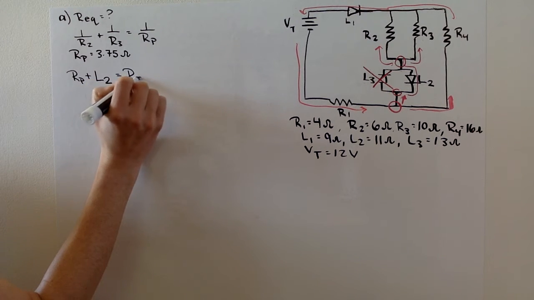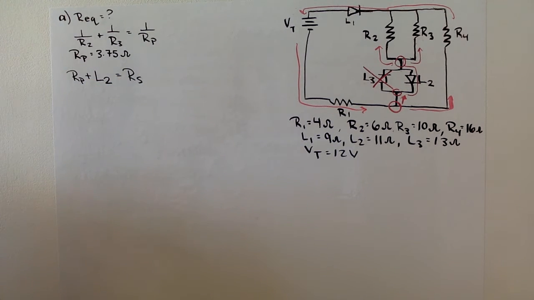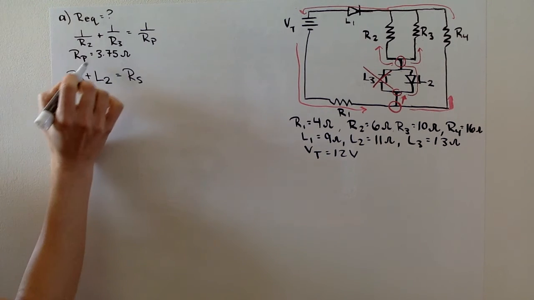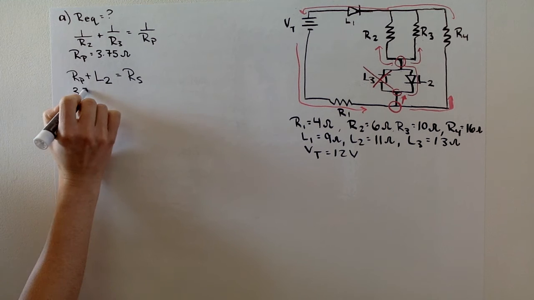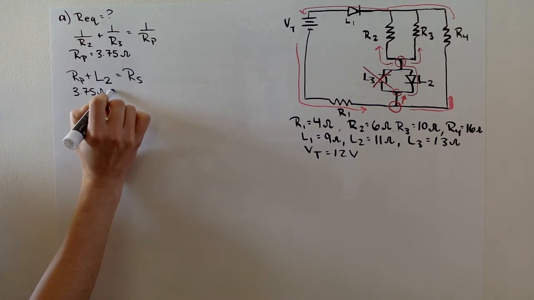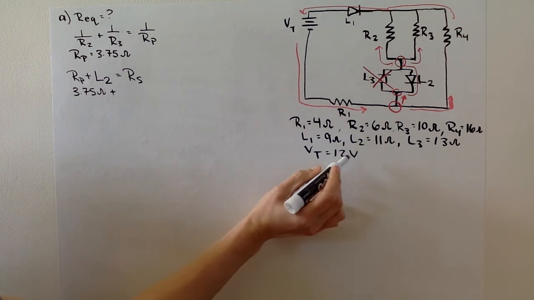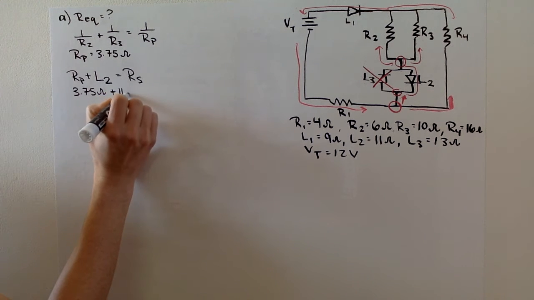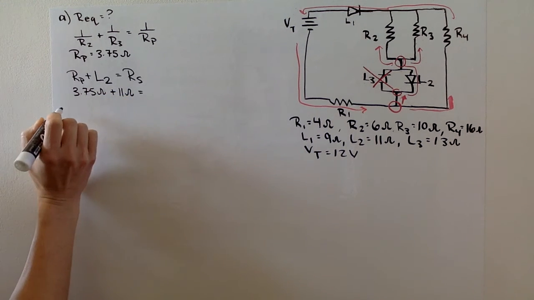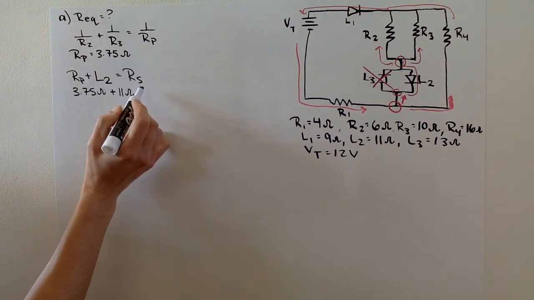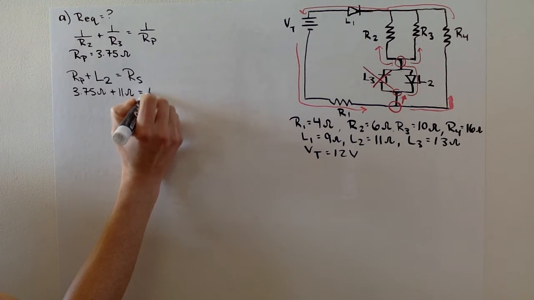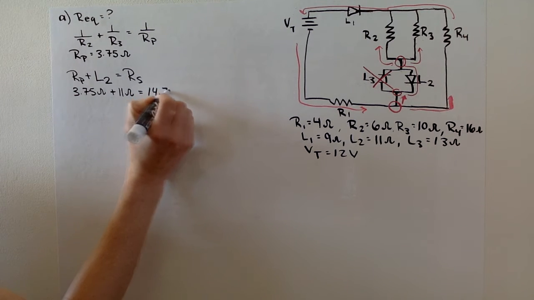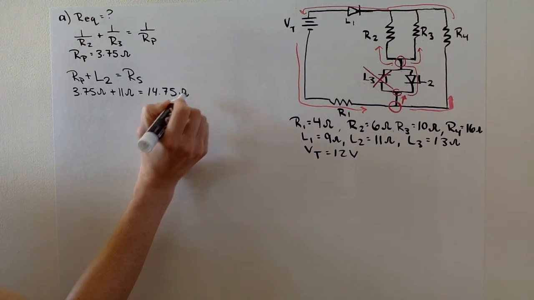I'm going to call that RS because they're wired in series. RP we found to be 3.75 ohms, plus L2, which is 11 ohms, gives me a resistance of 14.75 ohms.